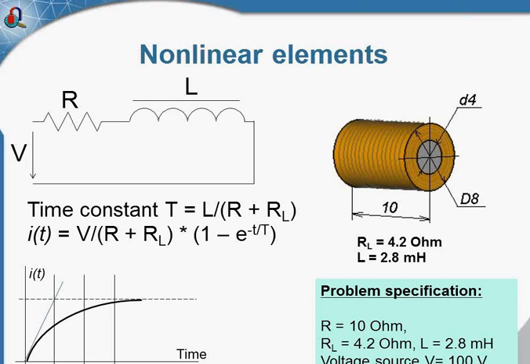And moreover, it has the ferromagnetic core, so the inductance value depends on the current. And to simulate the ferromagnetic core, the real inductor, we need to perform the electromagnetic field analysis.